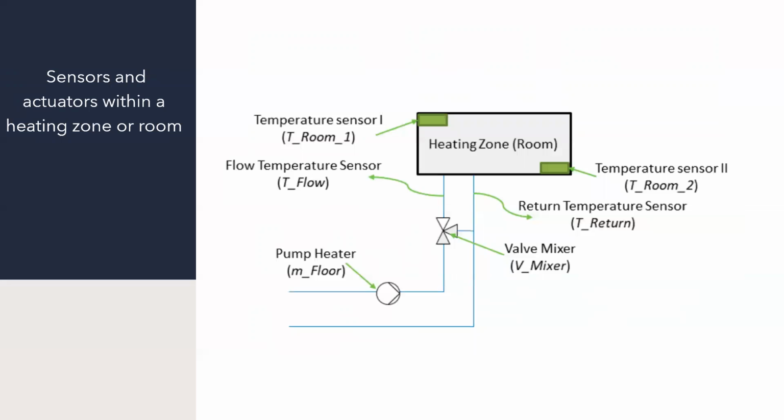The sensor and the actuator are within the heating zone for the room. In the heat pump model, as you can see, the terminal output power is calculated based on the terminal input and the electrical power, as well as the temperature spread between source input and sink output temperature.